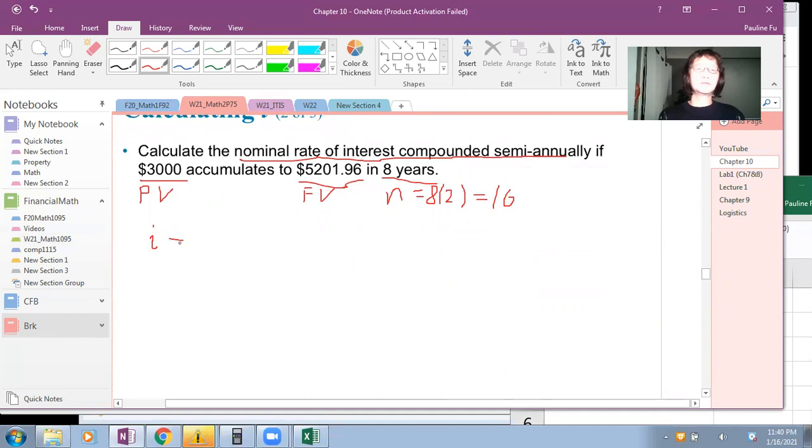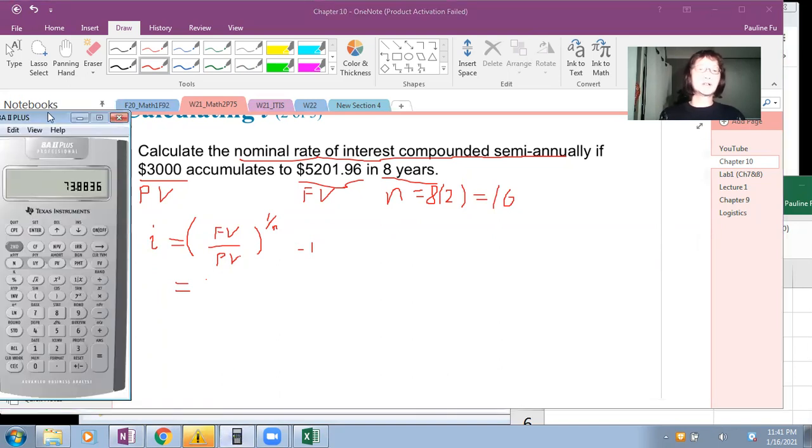I equal to (FV over PV) raised to power 1 over n, and then minus 1. Plug in the numbers. I'm just going to use the calculator to show you.